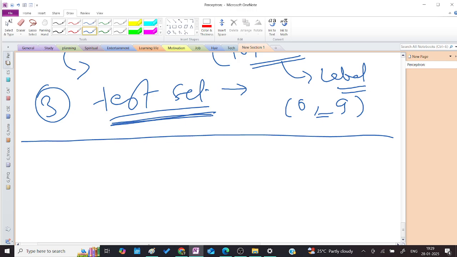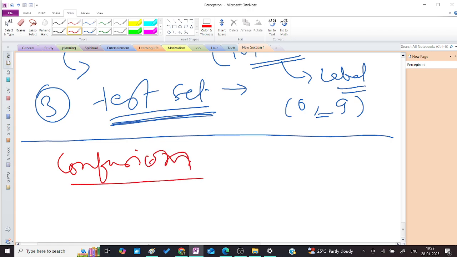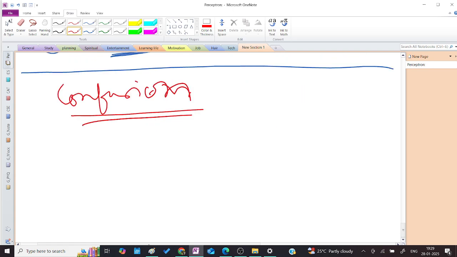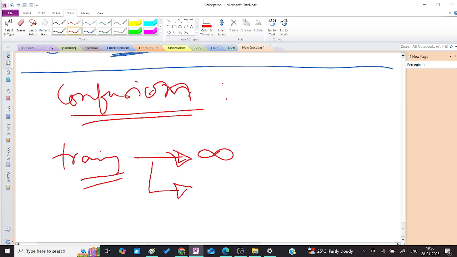The confusion which most of us have in our initial time is that we get confused about what the real parameters are and what are not the real parameters, right? For example, suppose we are training the model, and since we cannot train the model for an infinite amount of time, because the model may not converge, we train for a fixed number of iterations.